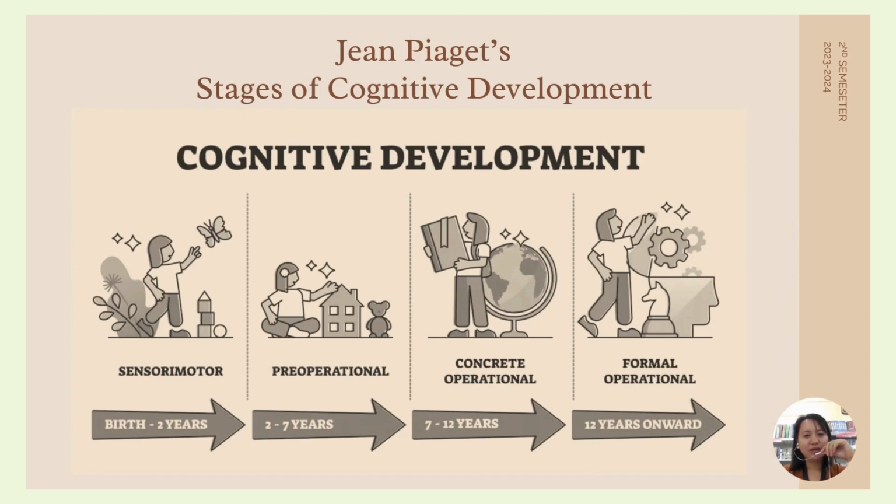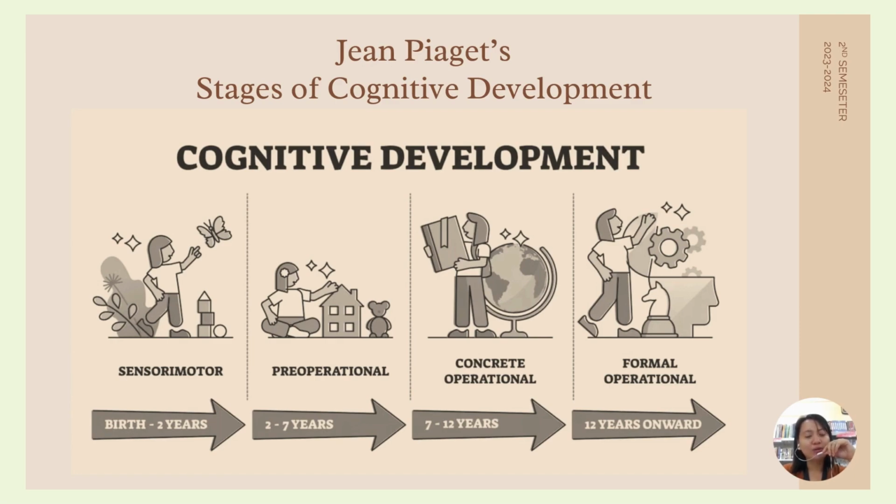So the next one is Jean Piaget's stages of cognitive development. Again, if we can still remember, according to Piaget, the principal goal of education in the school should be creating men and women who are capable of doing new things and not simply repeating what other generations have done.